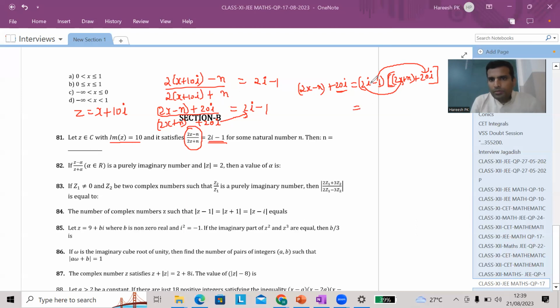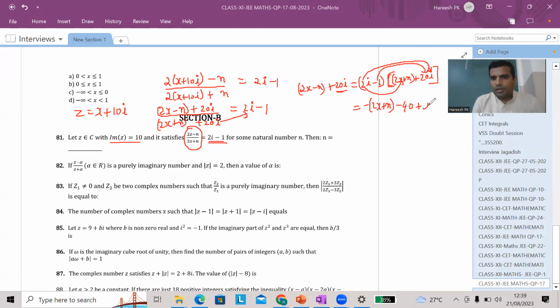So real terms will be real number into real number. So real terms will be minus of (2x plus n), and then i into i, that is i square, that is minus 1. So when you multiply first and last term, you'll get real term. So you'll get minus 40. So this is the real term. And what is the imaginary term?